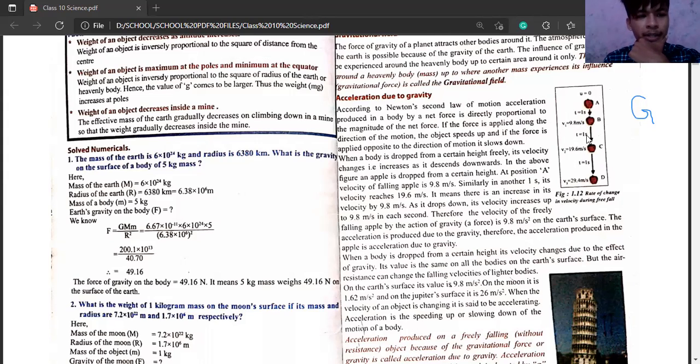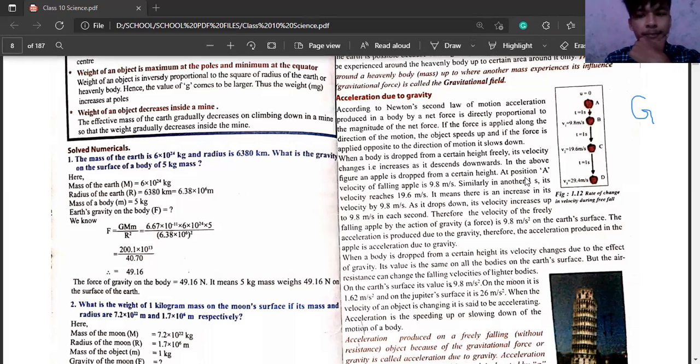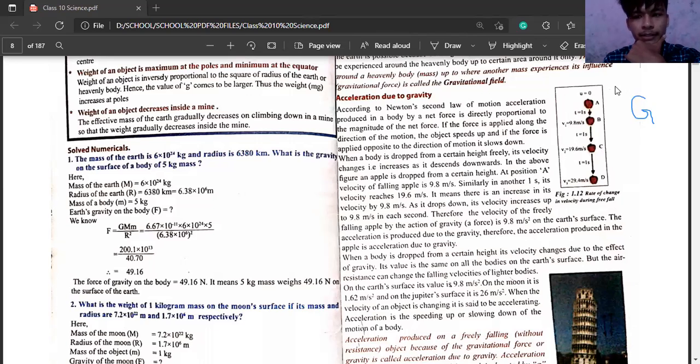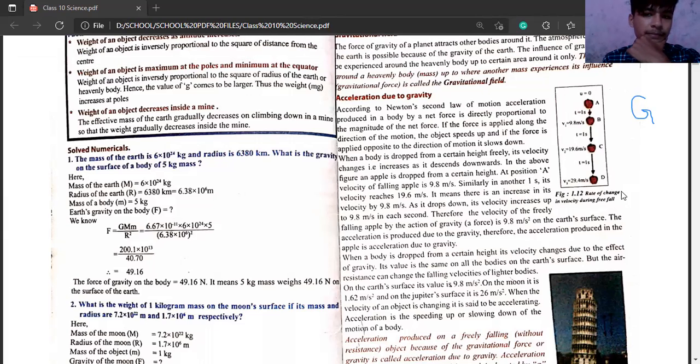The change in velocity is 9.8 meter per second, and the acceleration is 9.8 meter per second square, by 1 second. So the unit will change to meter per second square. Right? Now going from C to D: 9.8 meter per second square.